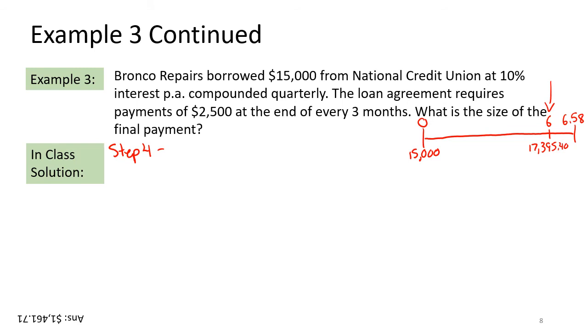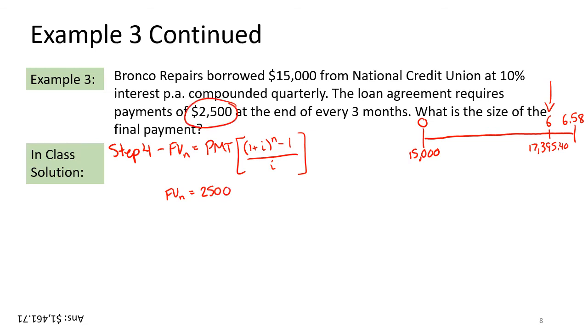So to do that, we use the future value for an ordinary simple annuity. So the future value is equal to the payments times 1 plus your periodic interest rate to the exponent n minus 1 divided by your periodic interest rate. So we know all of these variables from the question. So our future value is equal to our payments. Remember, $2,500.